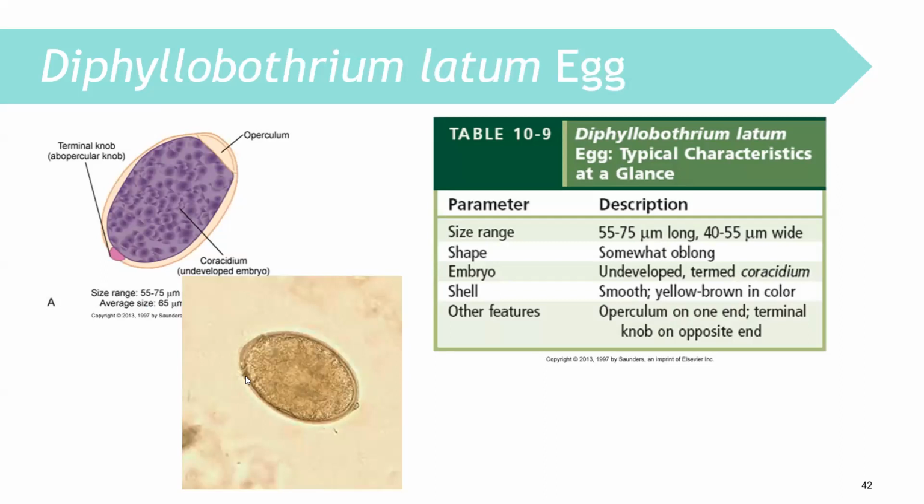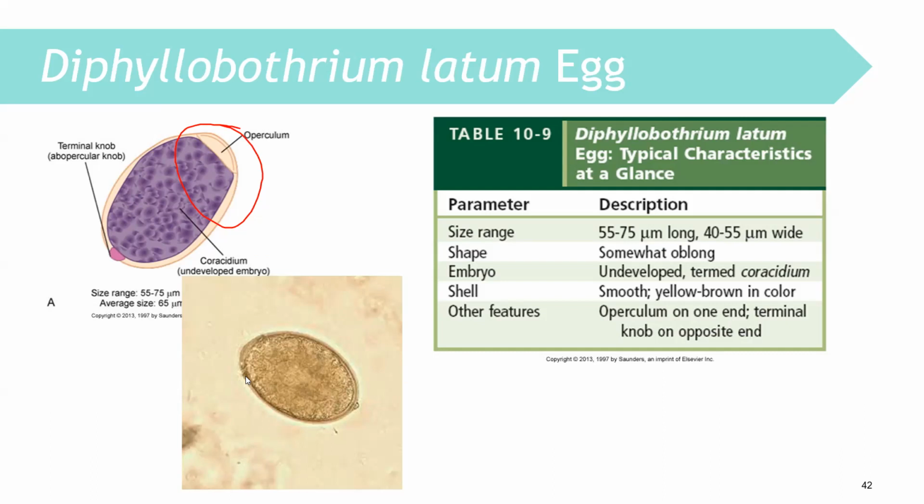Next in line is Diphyllobothrium latum. This is again a pseudophyllidean. There is an operculum, like what I was telling you a while ago. This is the operculum. This is the coracidium, which contains the larval stage of the parasite. The opposite of the operculum is the terminal knob.